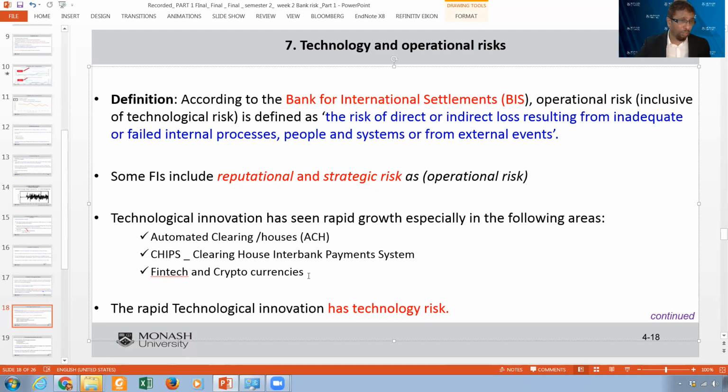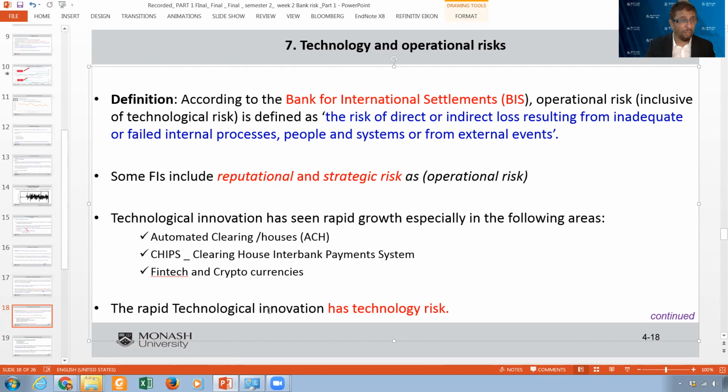I don't want to talk about technologies, but we have to understand that banks are trying to deal with all those issues, but fintech companies, startups and blockchain technologies are actually one of the technological risks that banks face.